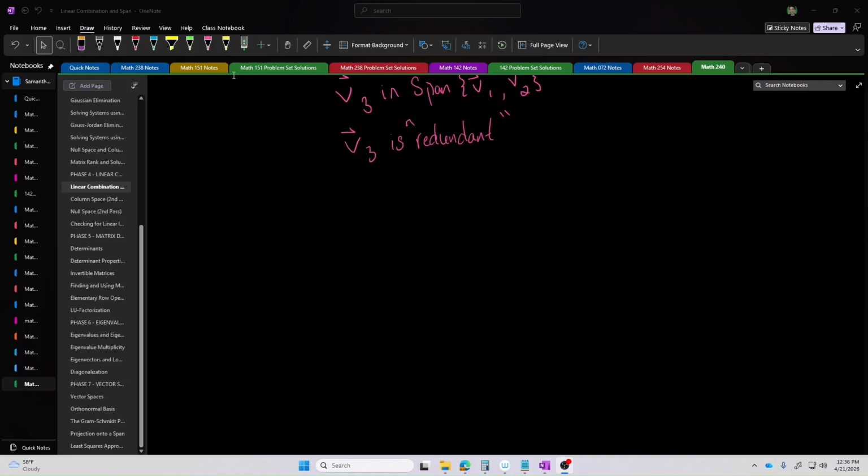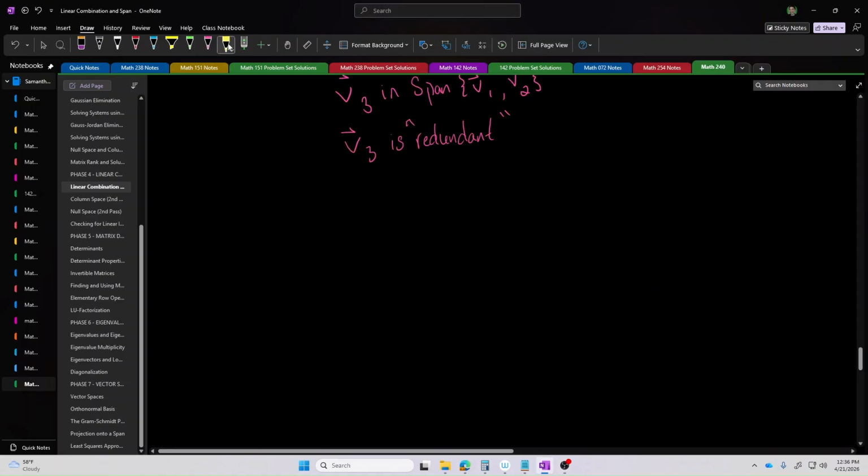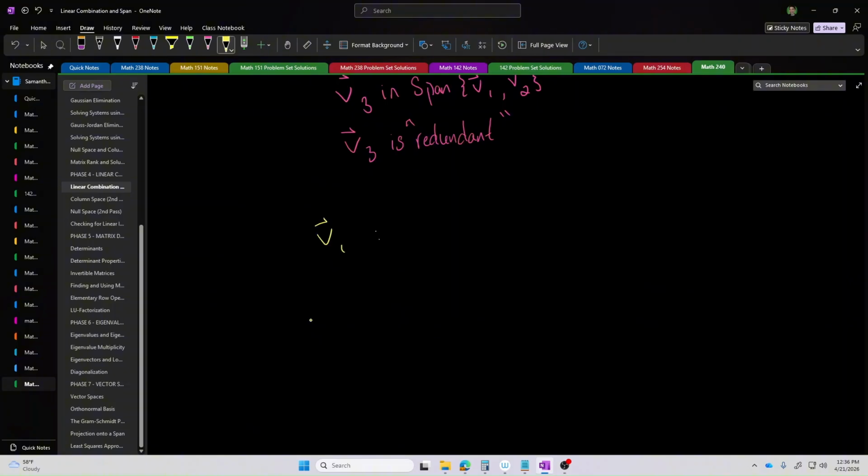The way that I think about it, once again, is in terms of colors. If I think about the vector v1 as being like the primary color red, and I think about the vector v2 as being like the primary color blue, then in this instance, the vector v3 would be like the color purple.